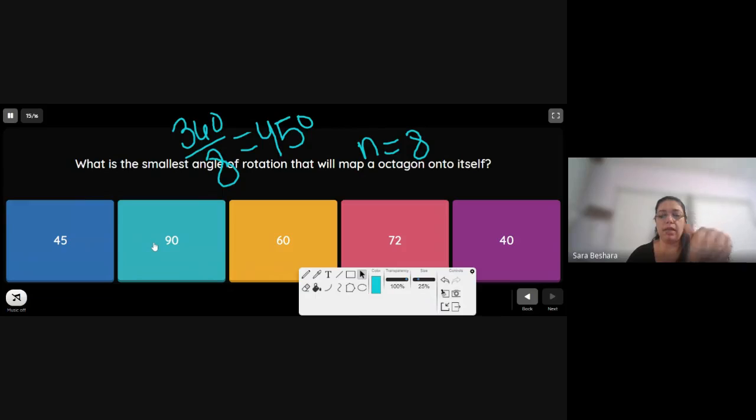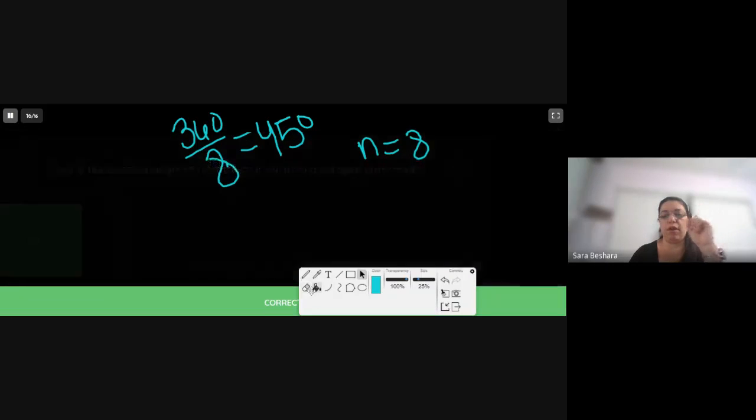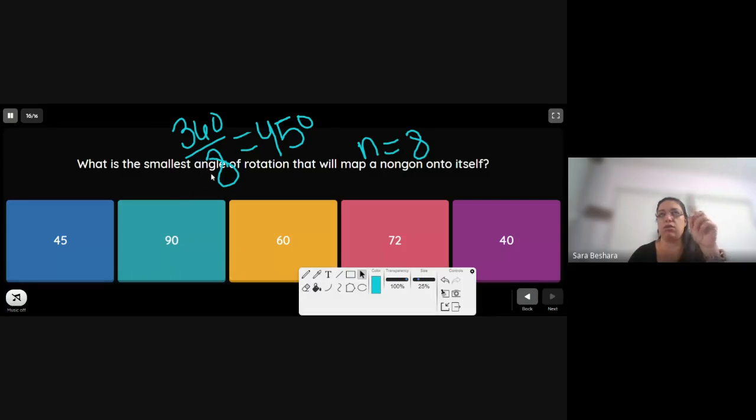It can also be 90, then you add 45 to get 135, then 180, then 225. Every time you add 45 degrees, it gives you another angle of rotation. In this case I only chose 45, because the question says smallest angle of rotation.